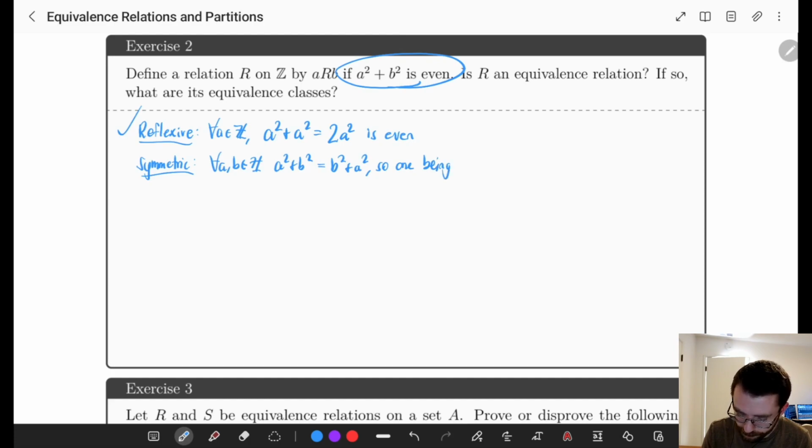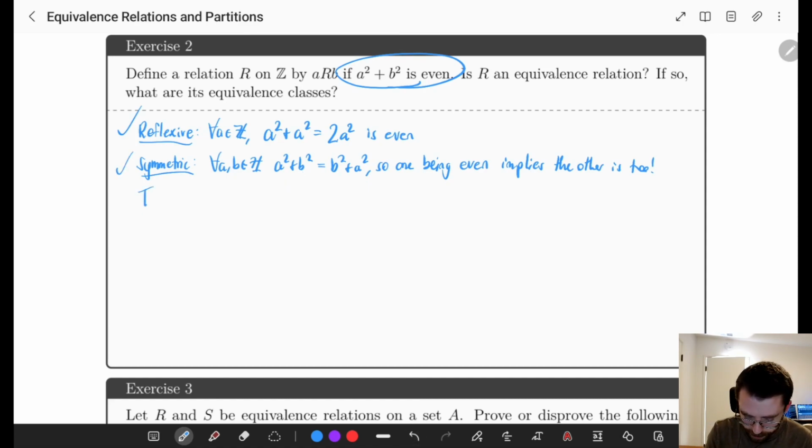Say one being even implies the other is even as well. Right, and this is saying b is related to a, so a related to b implies b related to a.